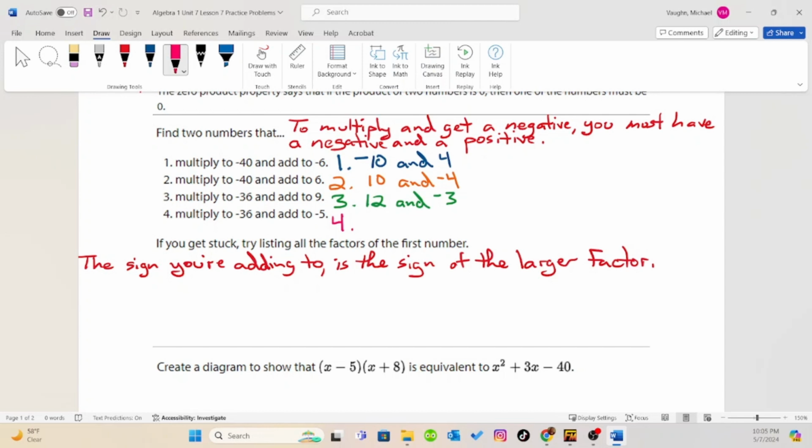Since the 5 is negative, we want the larger factor to be negative, so we're going to have negative 9 and positive 4. Negative 9 times 4 does equal negative 36, and negative 9 plus 4 does equal negative 5.